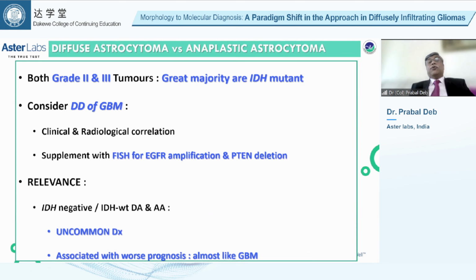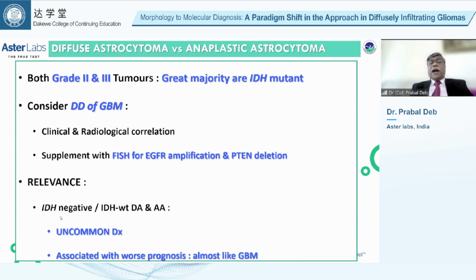So, if you see how to differentiate between WHO grade 2 and 3 anaplastic and diffuse astrocytomas, great majority of them are IDH mutant, but we might consider a differential of GBM in case of anaplastic astrocytoma. In such case, we have to do a clinical and radiological correlation and supplement with FISH for EGFR and PTEN deletion.